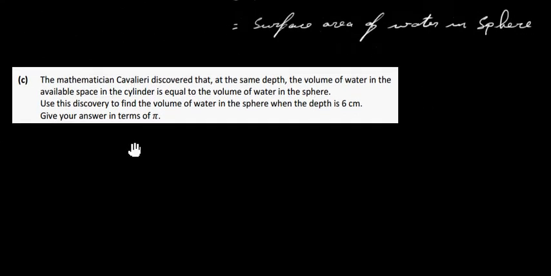Let's have a look at the last part of this question then. The mathematician Cavalieri discovered that at the same depth the volume of water in the available space in the cylinder is equal to the volume of water in the sphere.